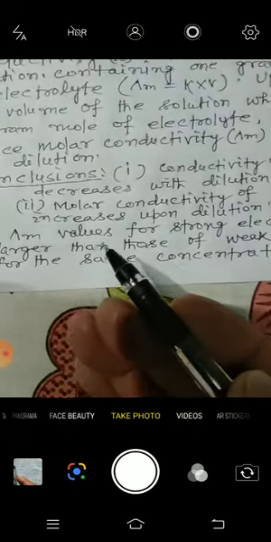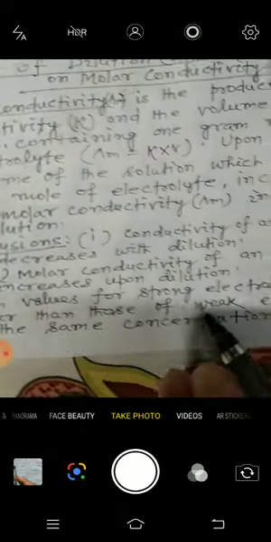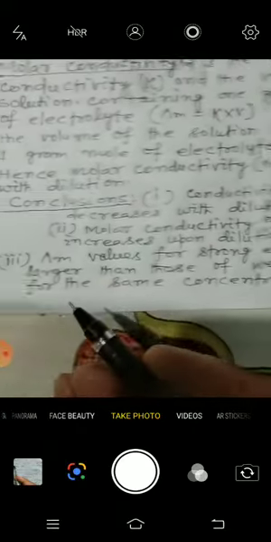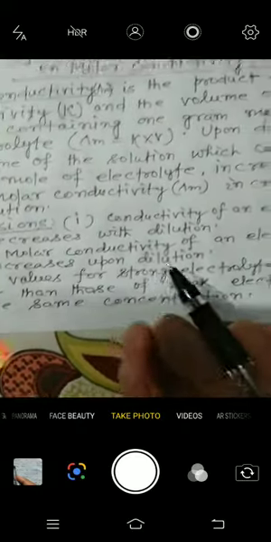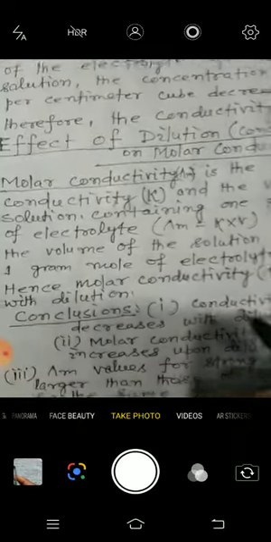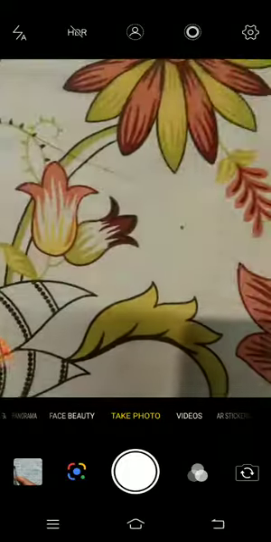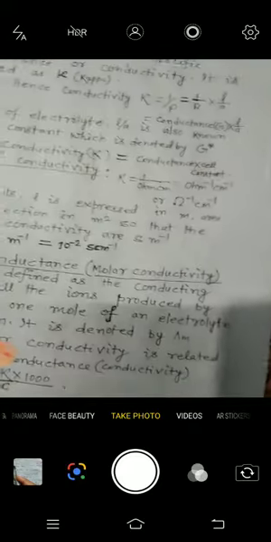Molar conductivity values for a strong electrolyte are larger than those of a weak electrolyte for the same concentration. So remember these things, very important. Once again, molar conductivity will increase on dilution and the conductivity will decrease on dilution.